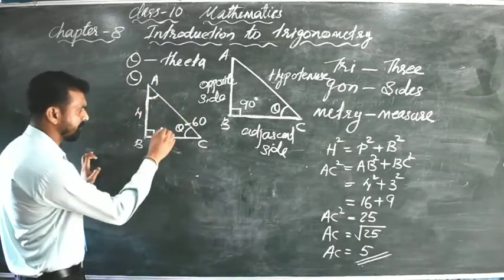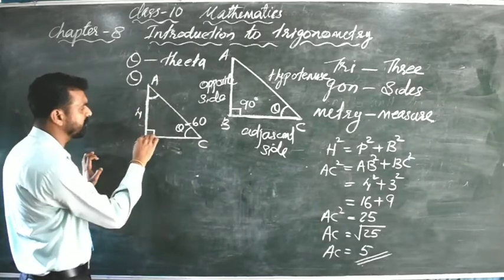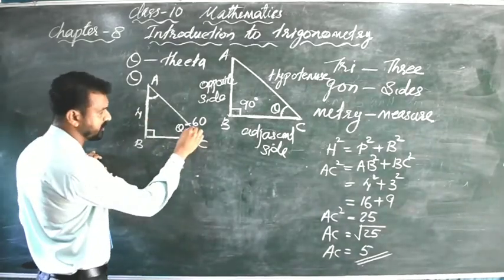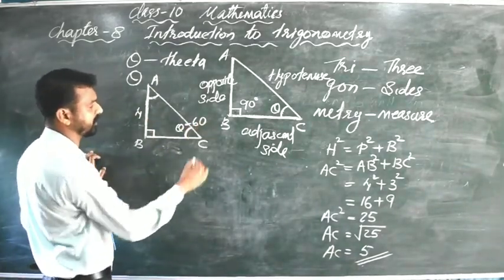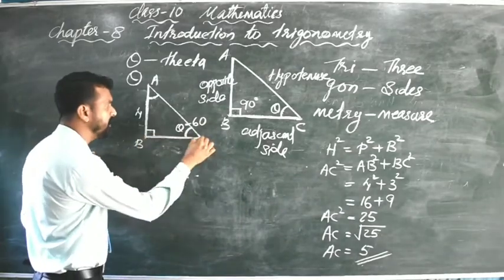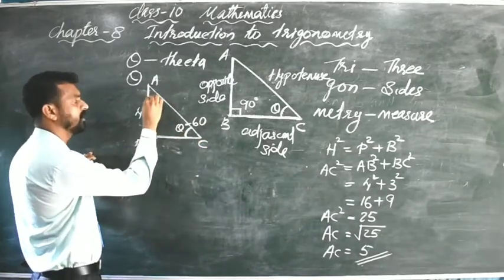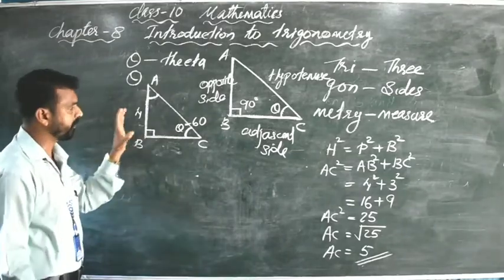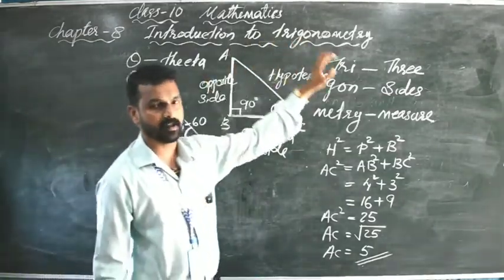That is, suppose we know AB is equal to 4 centimeters and angle C theta is equal to 60 degrees, then we can find BC, AC, and angle A also. For finding that, we are using trigonometry.